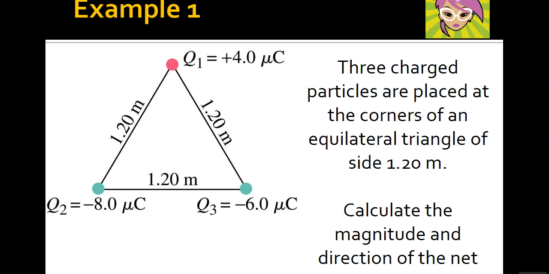Straight down? A bit closer to there? Absolutely. Okay? You guys understand why? Can you guys do that for the other two charges?